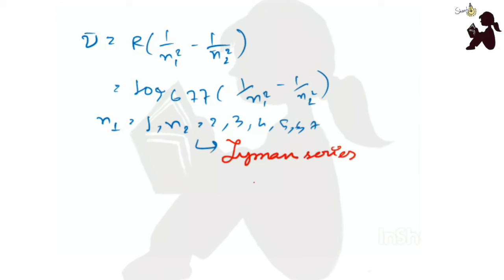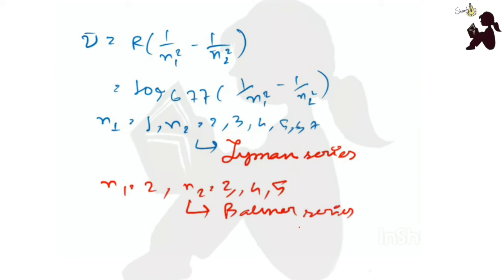These are the spectral series of hydrogen. If n1 equals 2 and n2 equals anything from 3, 4, 5, this is our Balmer series. It is our visible spectrum.